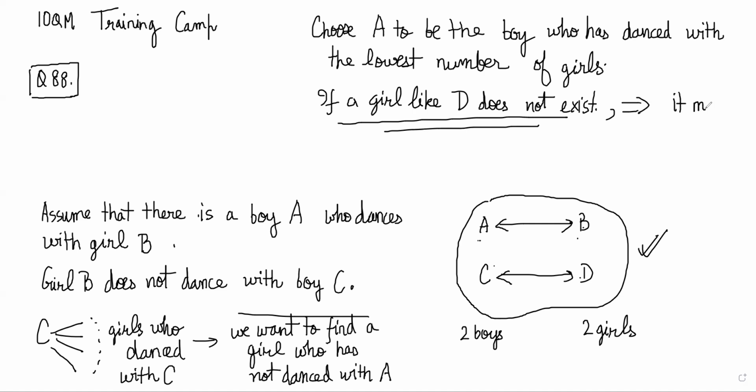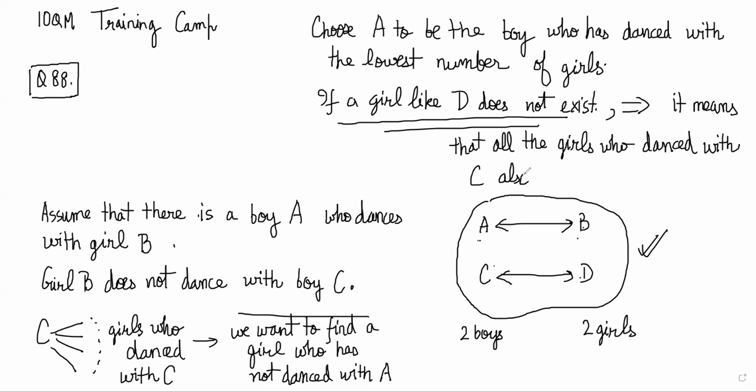It means that all the girls who danced with C also danced with A, right?